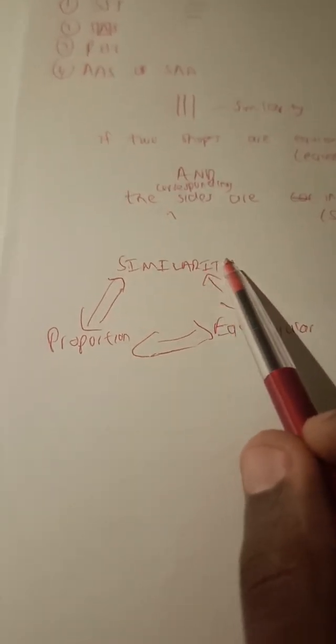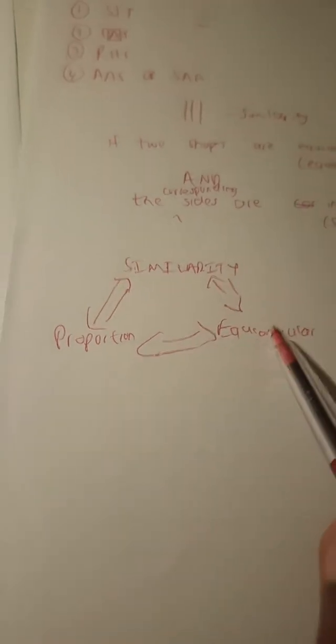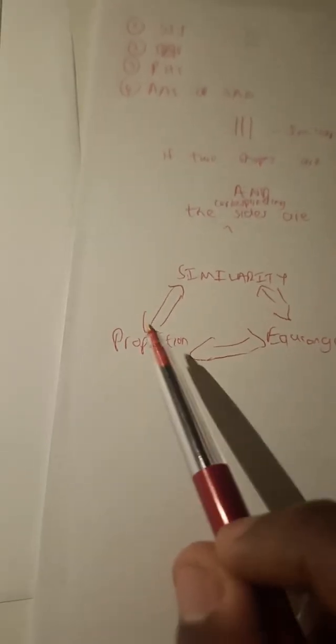So it's very important to understand that similarity means equiangular, and equiangular means similarity. Proportional sides means similarity and similarity means proportional sides. These are very important to understand.